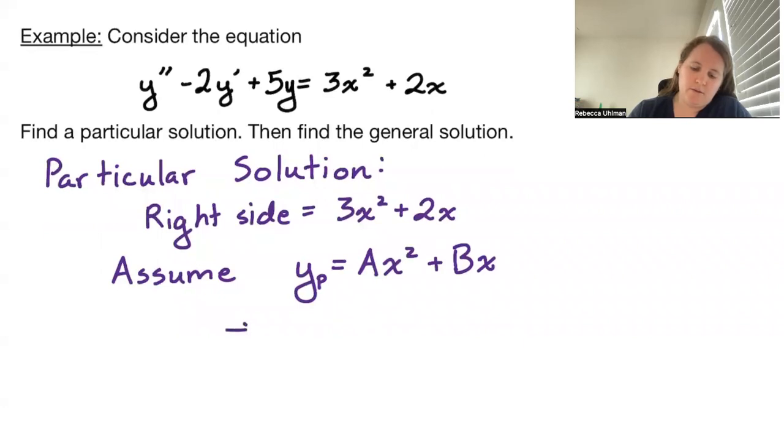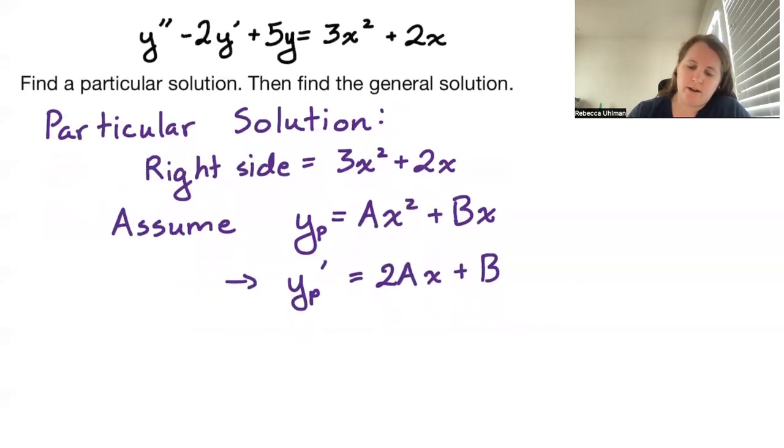Then we would have yp prime is 2ax plus b, and the second derivative is just 2a.